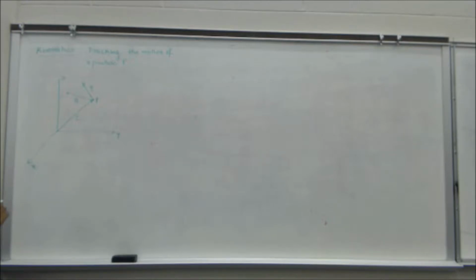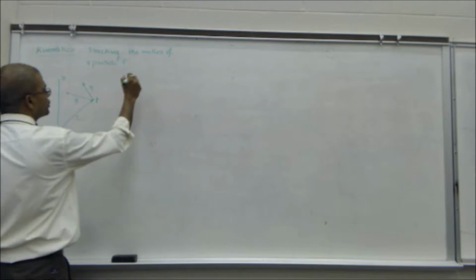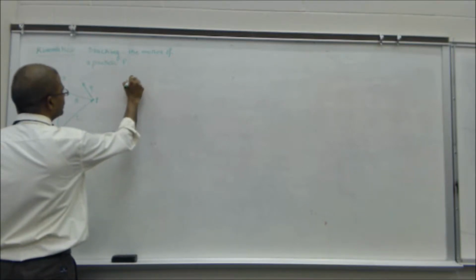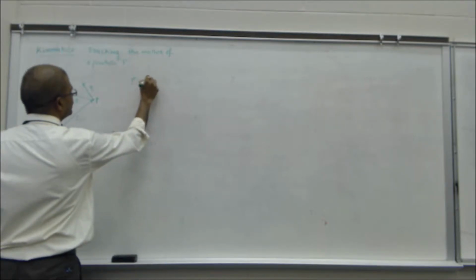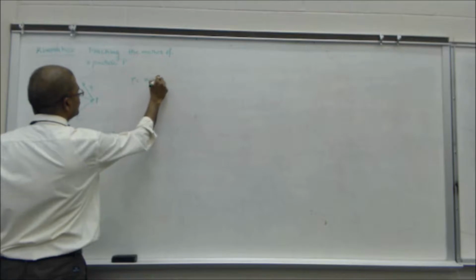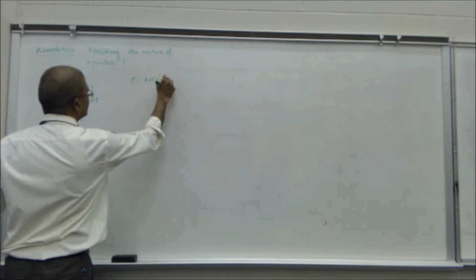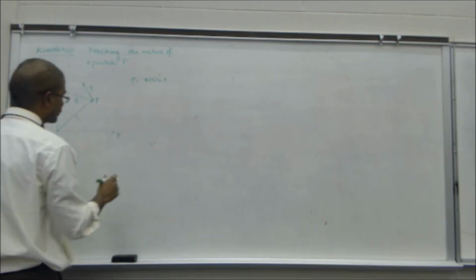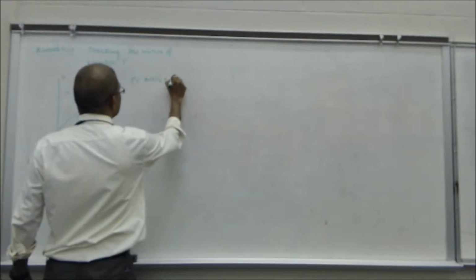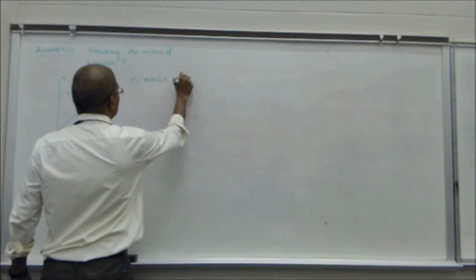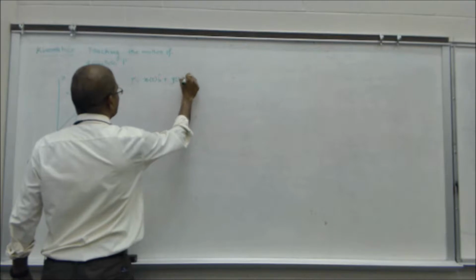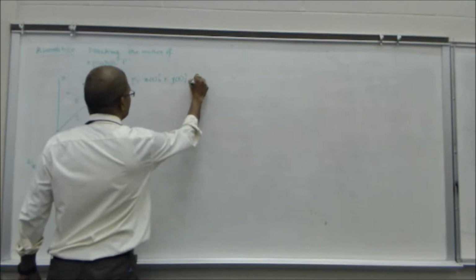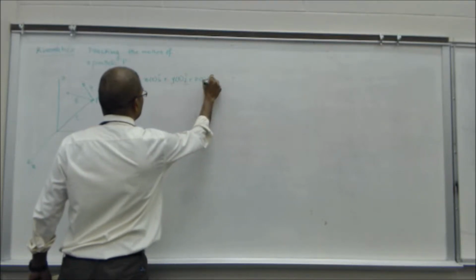So if you have a particle P, and let's say you define the position of the particle as r is equal to x of t i plus y of t j plus z of t k.